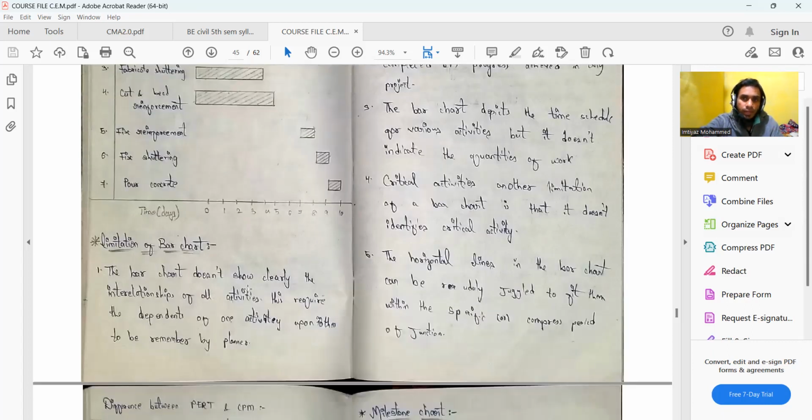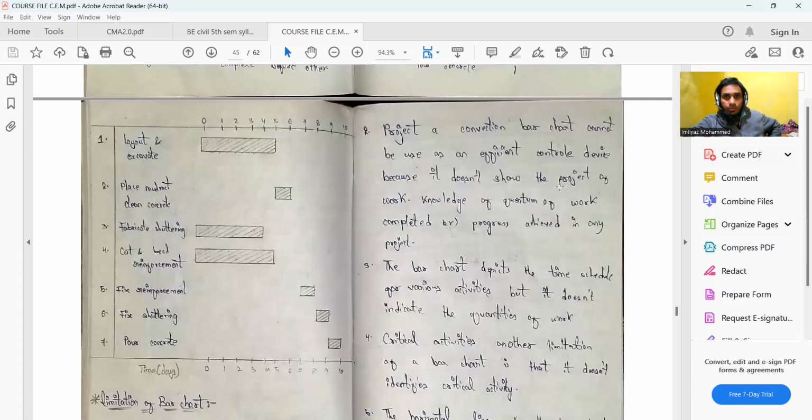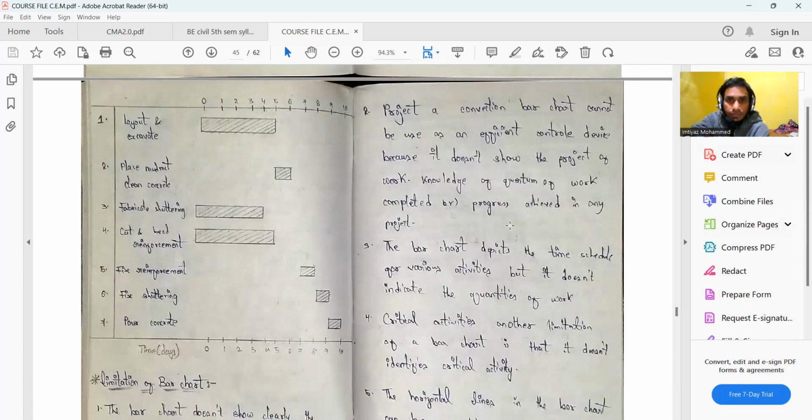Now bar charts have certain limitations and disadvantages. The bar chart will not show the relationship between all the activities. Moreover, it cannot be used as an efficient control device, so it doesn't show the progress of each of the activities happening in the project.